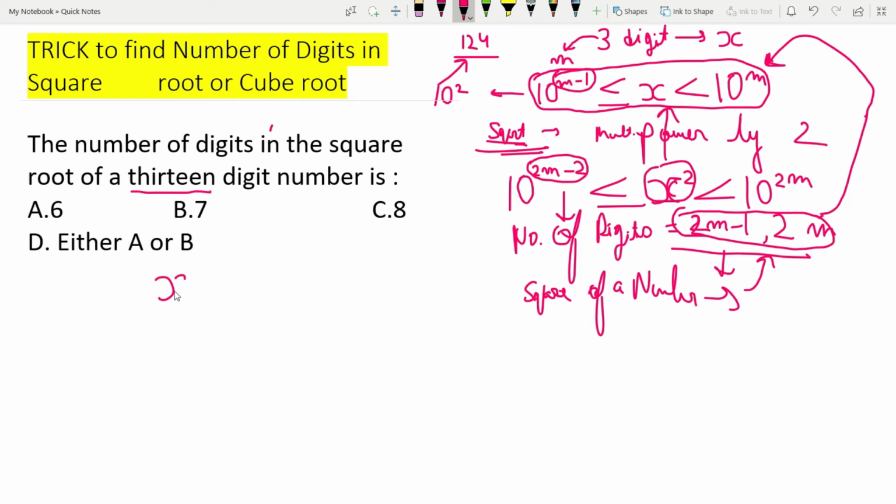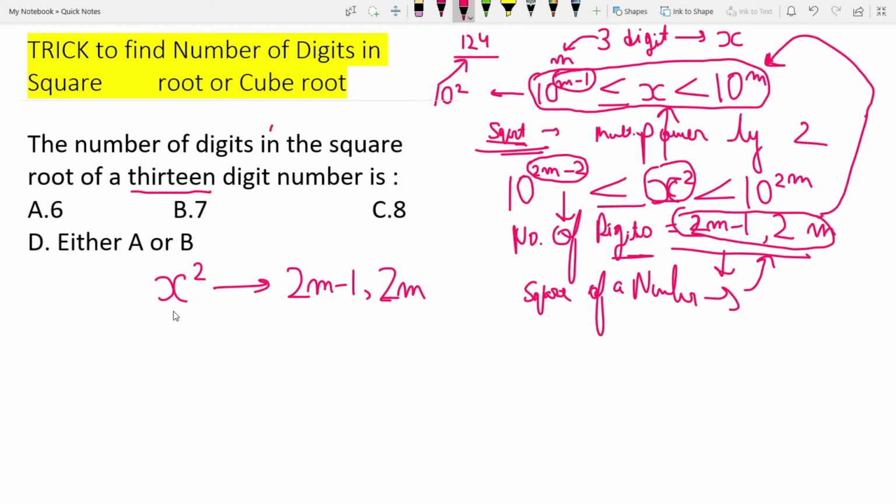As we have seen, the number of digits in x square is 2m minus 1 or 2m. And we are given that the total digits are 13.